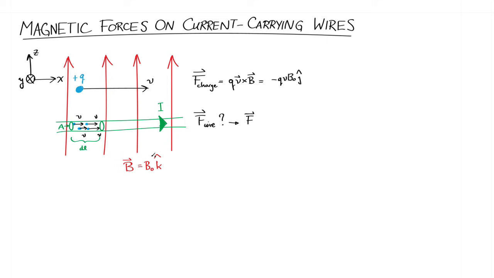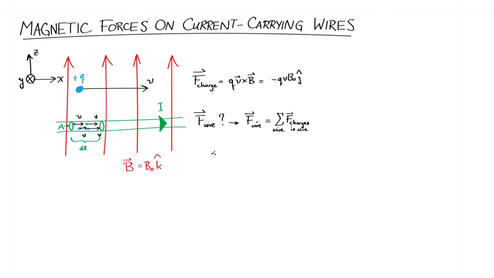So F, and I'll be more general. Let's say F on the wire, and I'll get to F on dl in a sec. That's going to be basically equal to the sum of the force on all the moving charges inside the wire, summed over the wire.